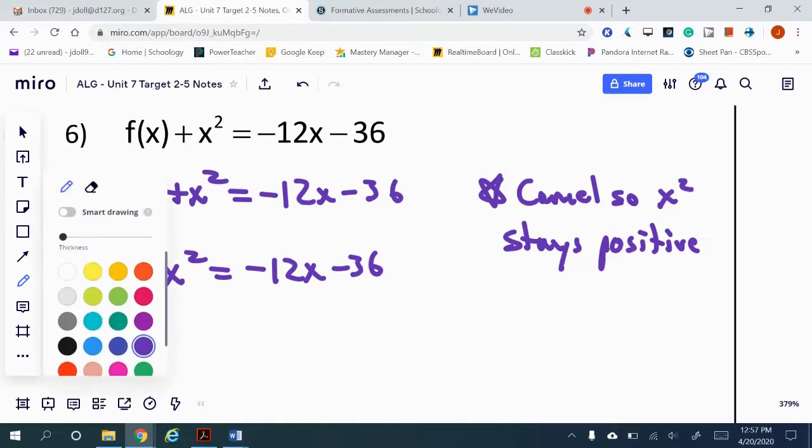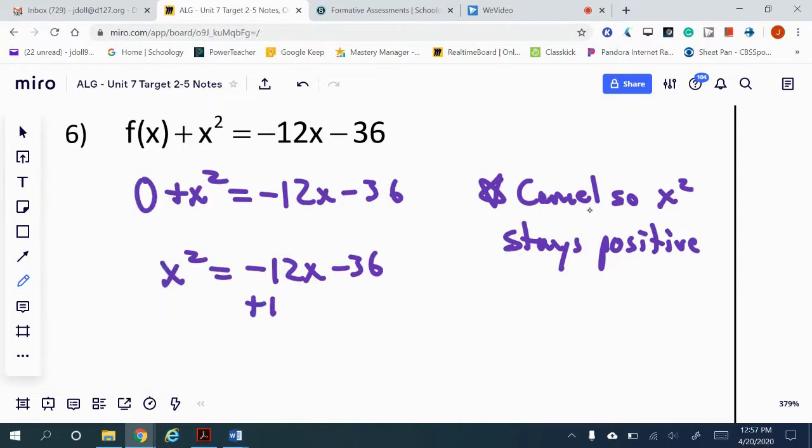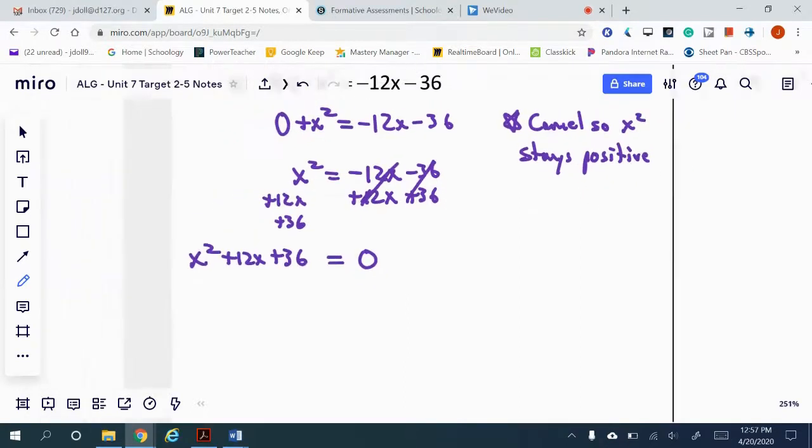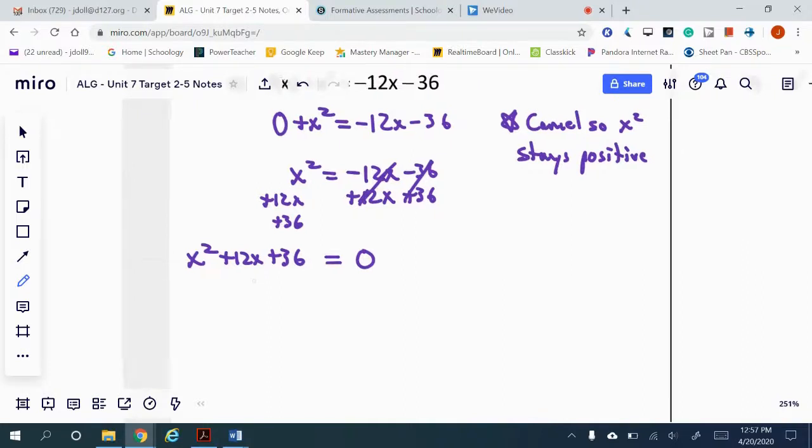So in this situation, I'm going to cancel the 12x by adding it to both sides and cancel the 36 by adding it to both sides. So that cancels everything over here, leaving me with 0. And on this side, I have the x squared, a positive 12x, and a positive 36. Now you can see I have a quadratic equal to 0, ready to be factored and find the zeros.